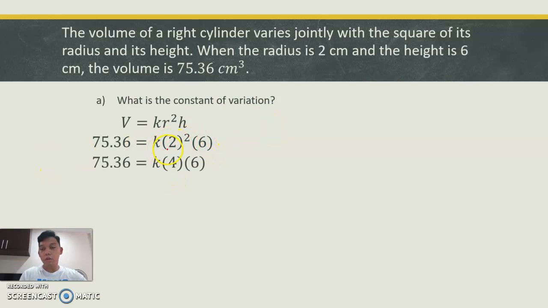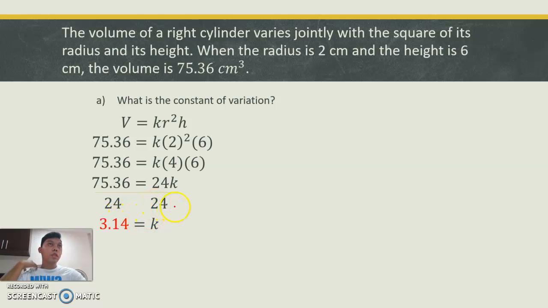So we square this one, we get 4 times 6 is 24k, equal to 75.36. Then we divide both sides by 24. Therefore, k is equal to 3.14.